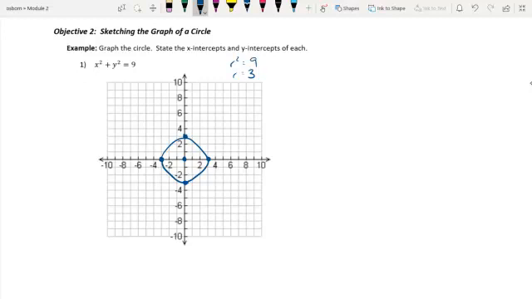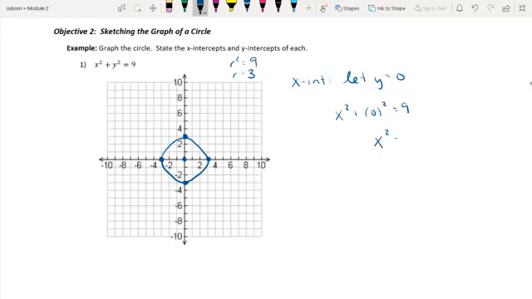Now, note that it asks for more than just graphing. It asks to state the x-intercepts and y-intercepts. Just a refresher, to find the x-intercepts, recall that you're going to let y equal 0. So in other words, I've got x squared plus 0 squared is equal to 9.